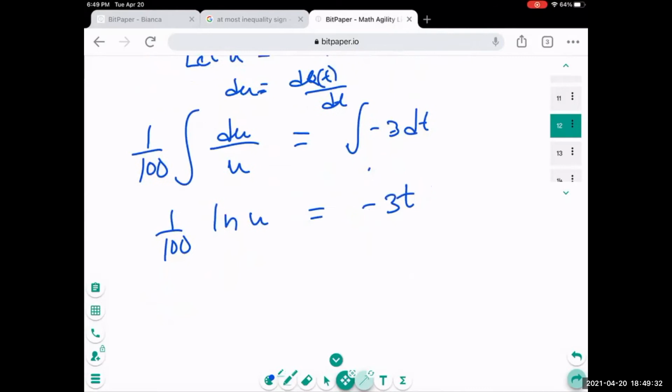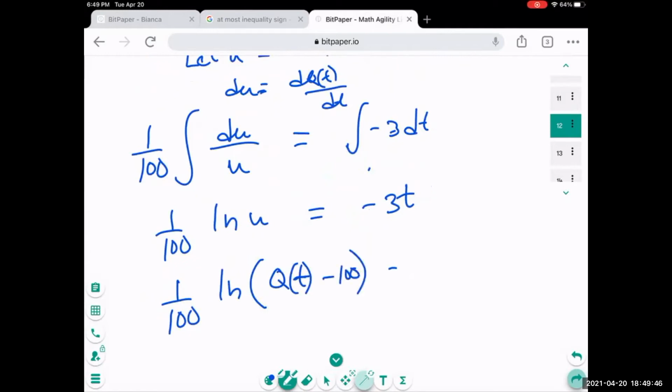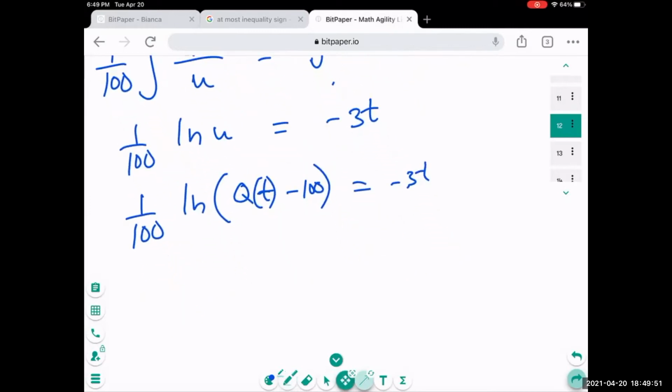And let's put back whatever the variable of u is. So 100 ln of q minus 100, right? q of t minus 100. So next step, of course, we have the C1 here, sorry.